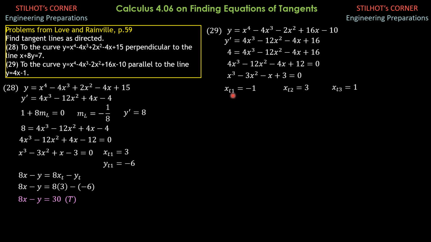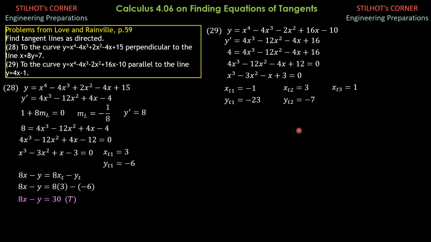So when the x coordinate of the root is negative 1, substitute into this equation, then y_t1 is negative 23. When the root is 3, into this equation, y_t2 is negative 7.